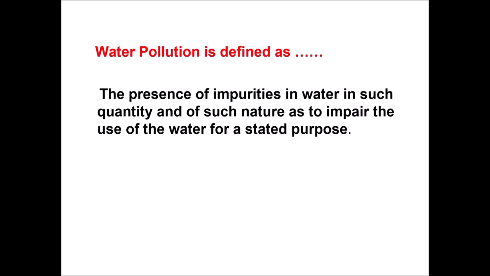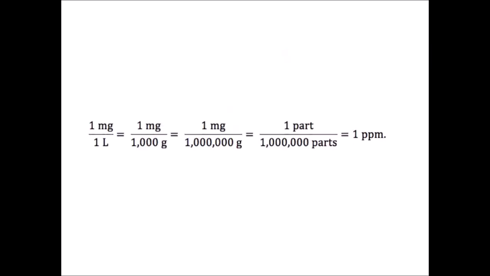And to understand how milligrams per liter are related to water volume and mass, 1 liter of water has a mass of approximately 1000 grams, which is equal to 1 million milligrams. Therefore, the unit milligram per liter is equivalent to milligram per 1 million milligrams of water.